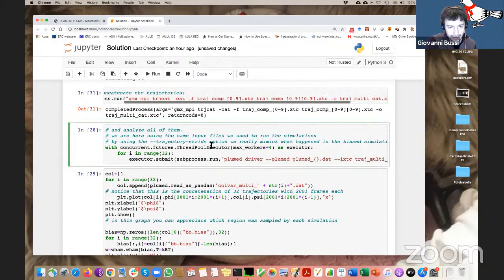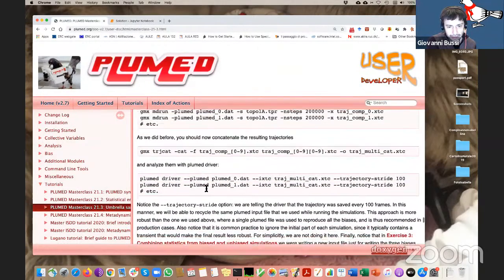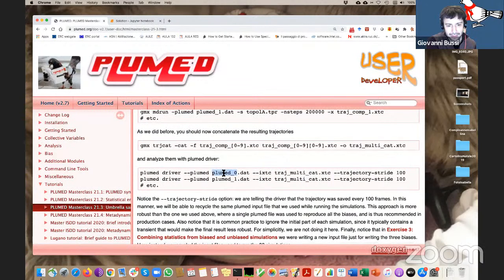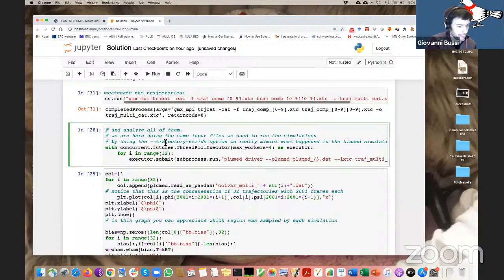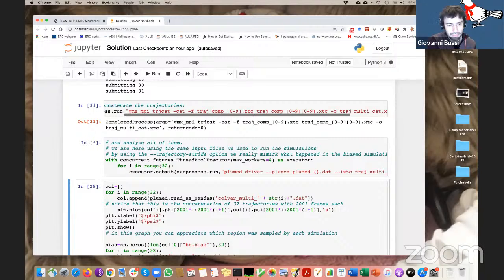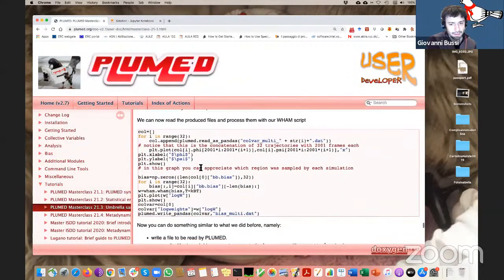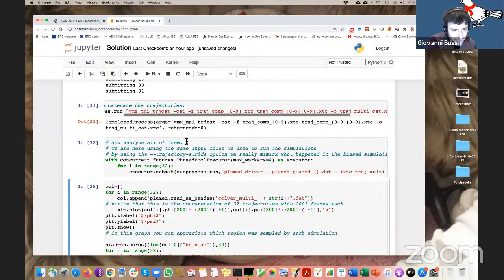And then I'm again using the same trick that I used before to run my PLUMED driver in parallel. And it's basically the command that I was suggesting here, but run with a script. It will take a few seconds. And here we will analyze the resulting file.